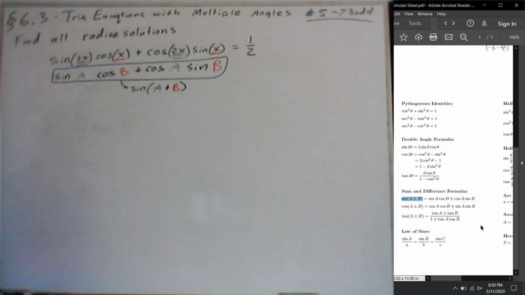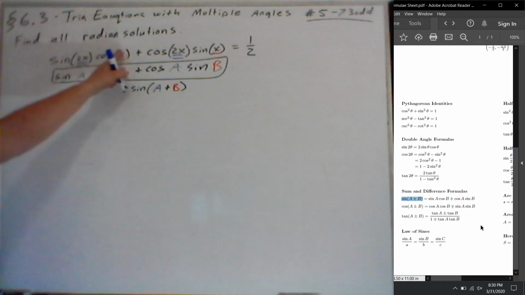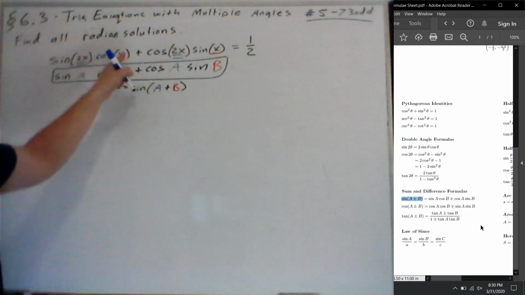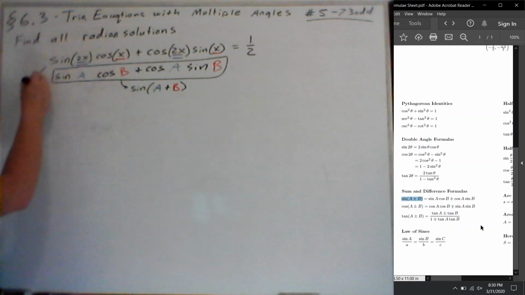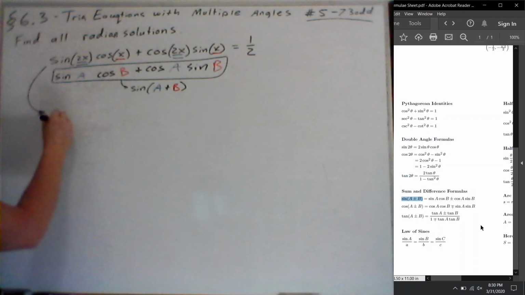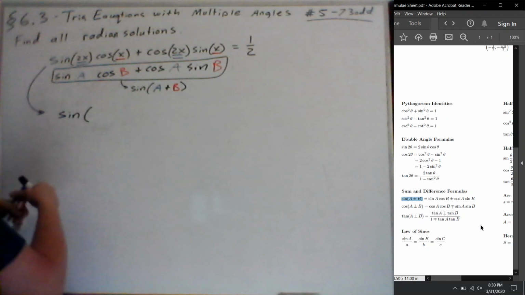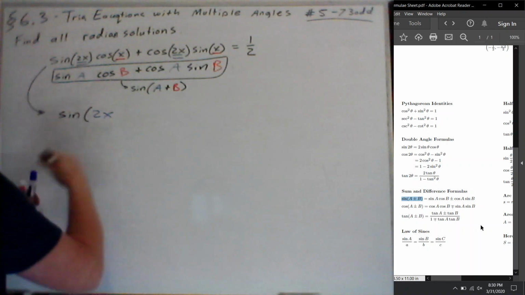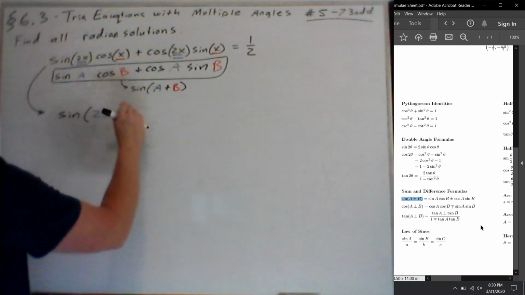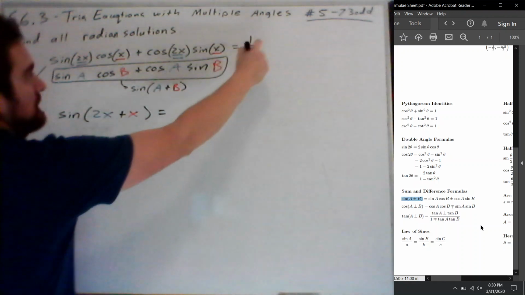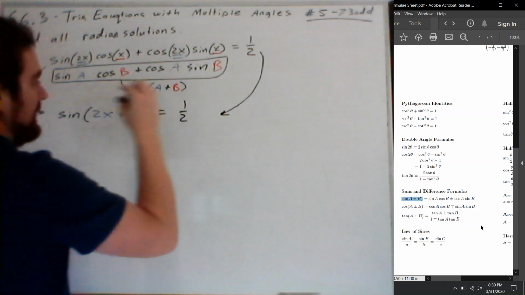So remember that formula. I can now rewrite this where a is 2x and b is x. I can rewrite this equation as sine of a plus b is equal to 1/2.